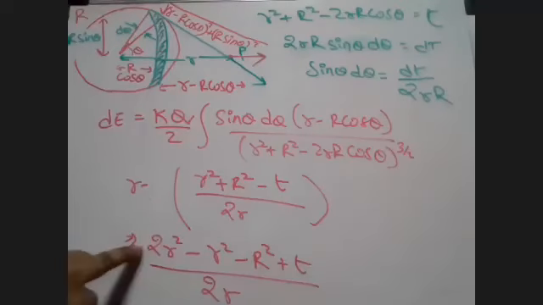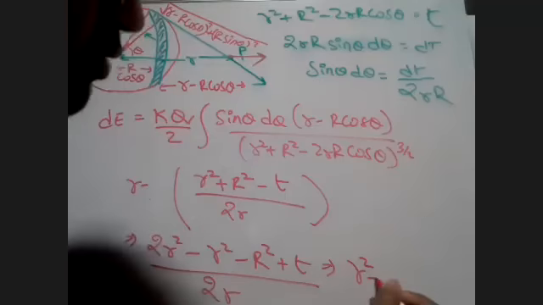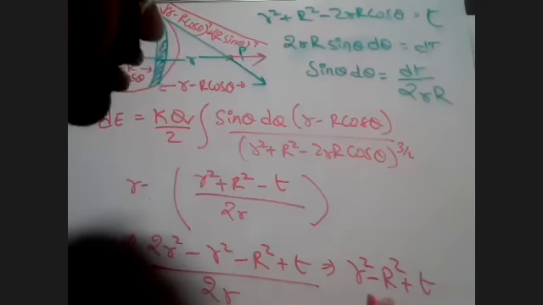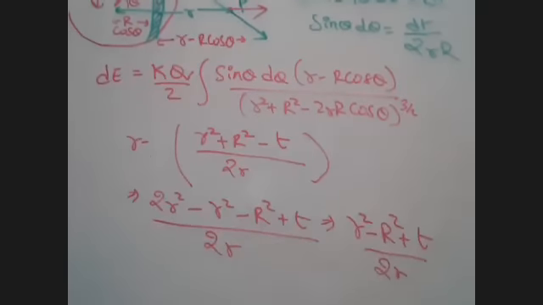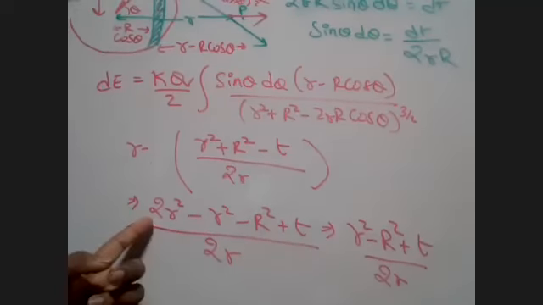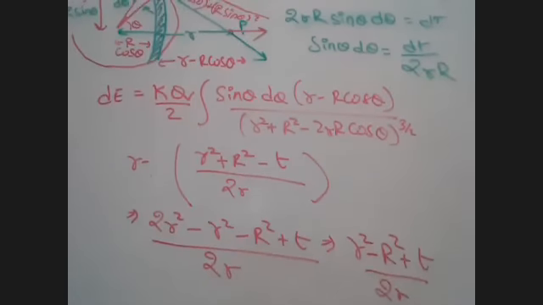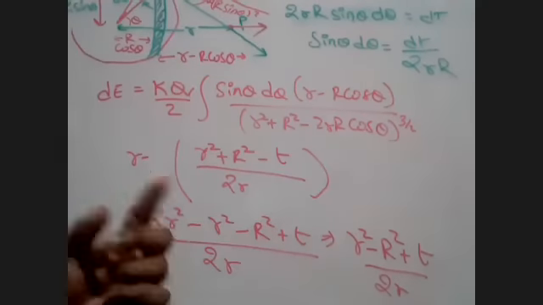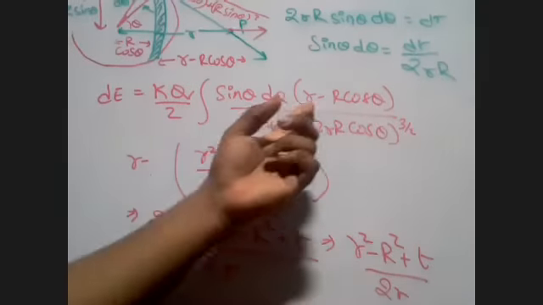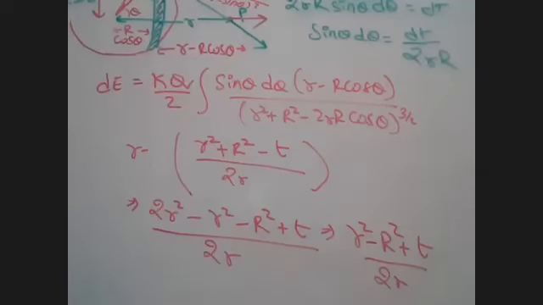And then you'll get 2r square minus r square, that will give you r square minus capital R square plus t upon 2r. This is what you will get. So this can be substituted in terms of r minus R cos theta. Okay, so I'll write this equation once again.